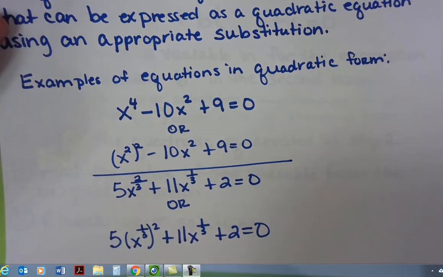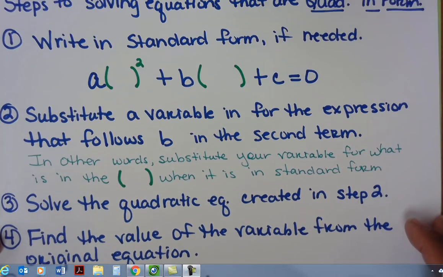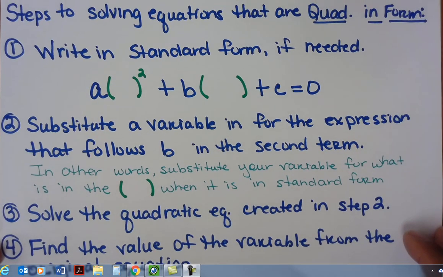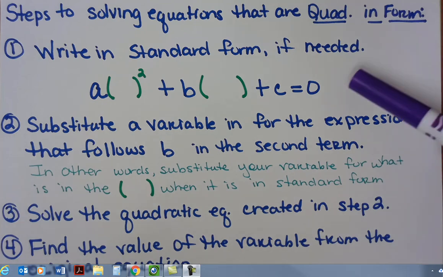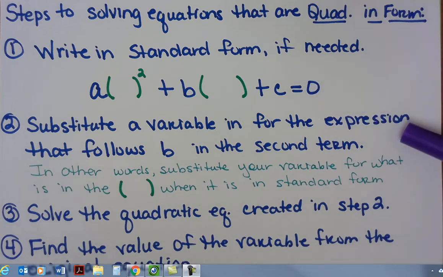So let's look at the steps for solving equations that are quadratic in form. Number 1, we're going to write our equation in standard form if needed, where we want the equation equal to 0. Then number 2, this is going to be very big. We're going to substitute a variable in for the expression that follows b in the second term.